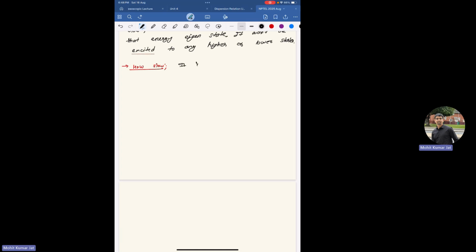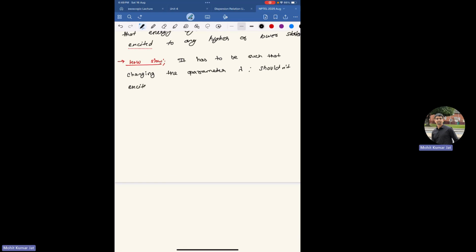It has to be such that changing the parameter lambda should not excite a level crossing. So the level crossing should not happen.